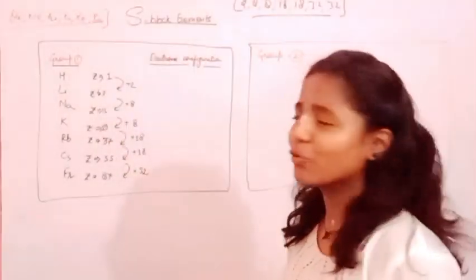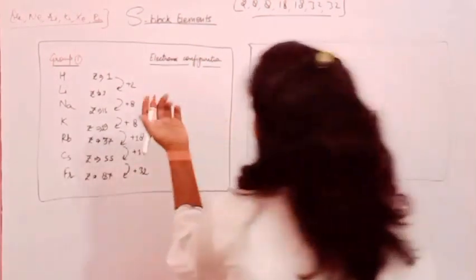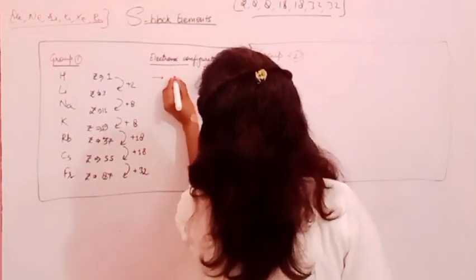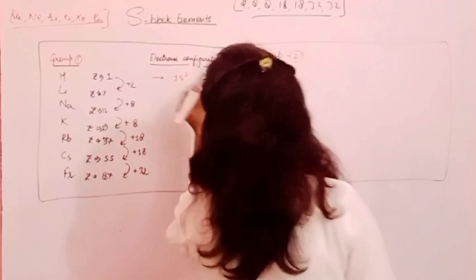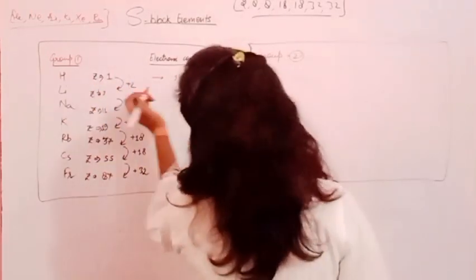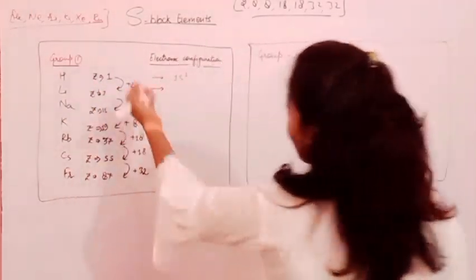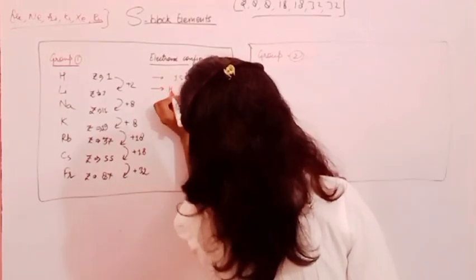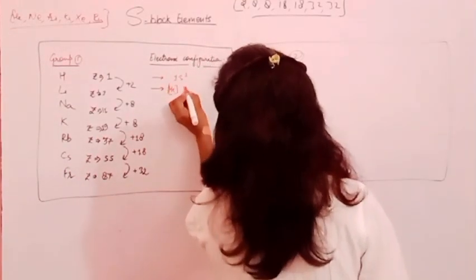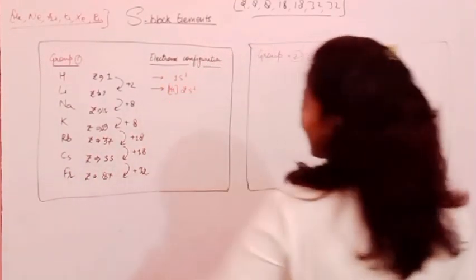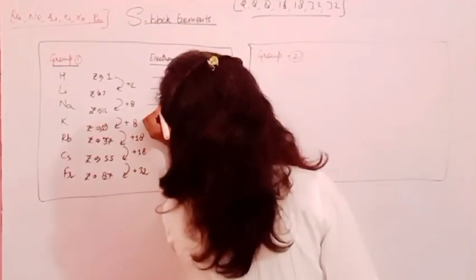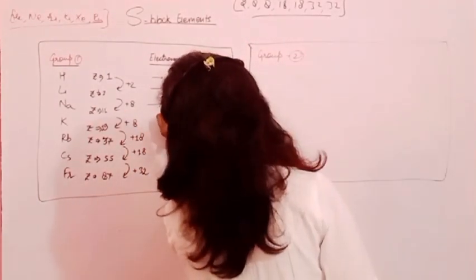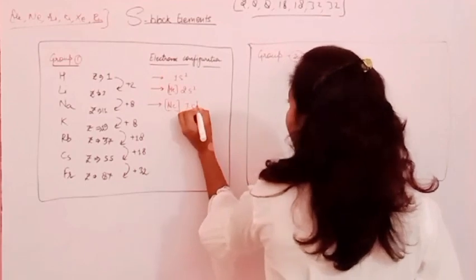So for hydrogen, no need of writing the noble gas. We can directly put it as 1s1. Okay? For writing a lithium electronic configuration, we are going to use helium 2s1. Talking about your sodium, we came across neon 3s1 and so on.